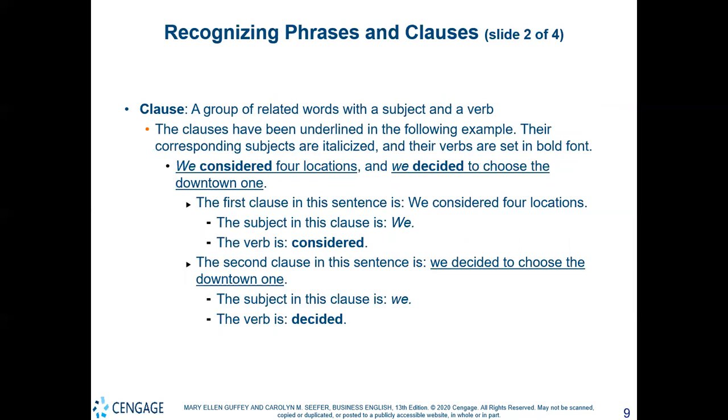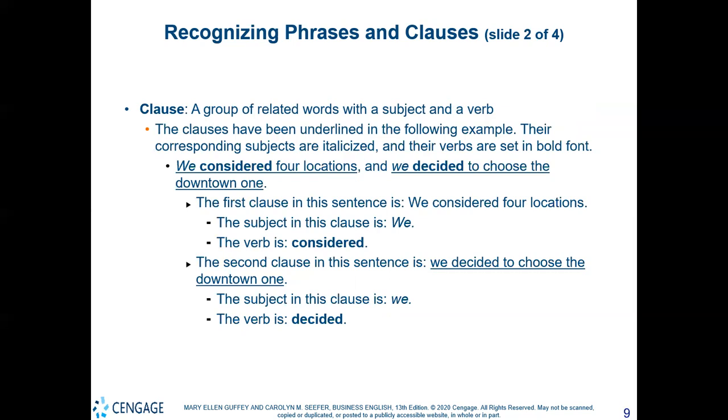Recognizing phrases and clauses. Clause. A group of related words with a subject and a verb. The clauses have been underlined in the following example. Their corresponding subjects are italicized, and their verbs are set in bold font. We considered 4 locations, and we decided to choose the downtown one.